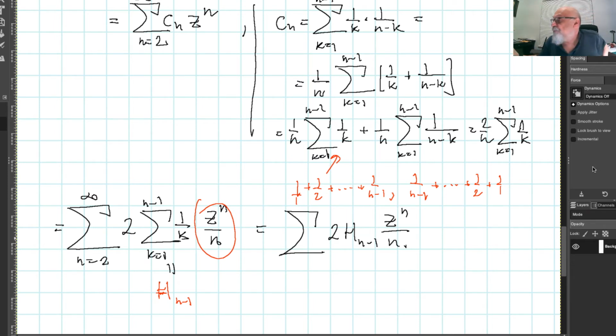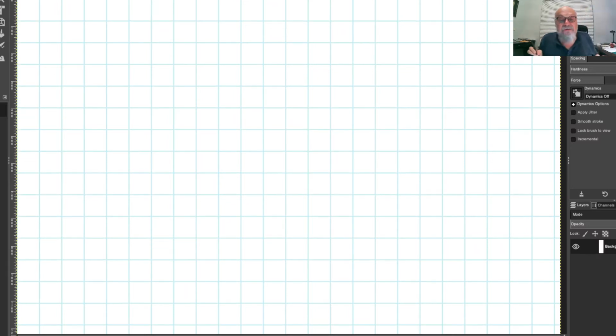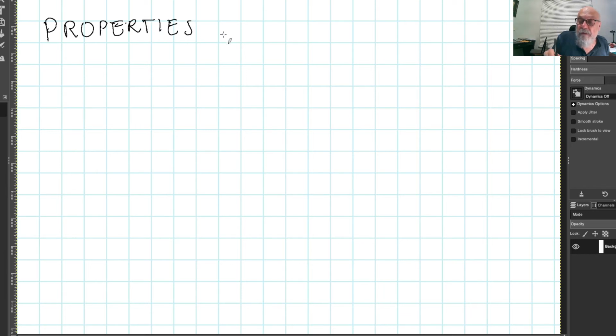So in order to cover properly all the material that is needed, let me specify several important additional properties of analytic functions.